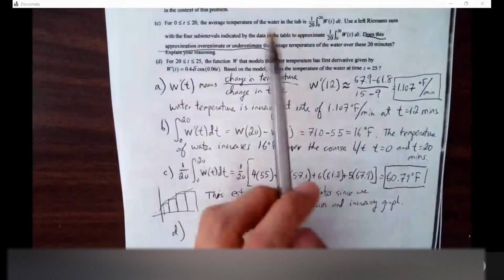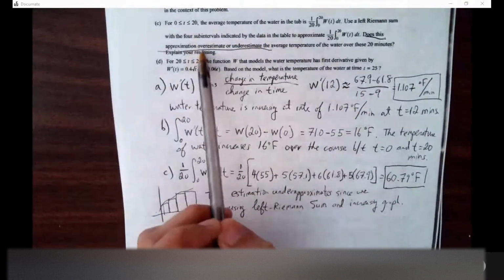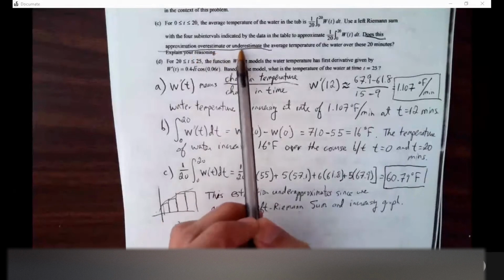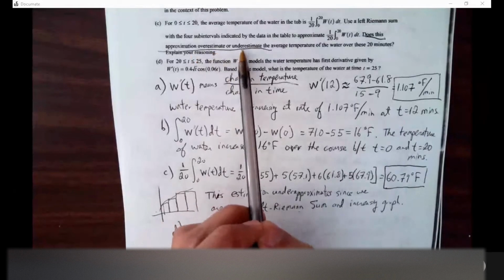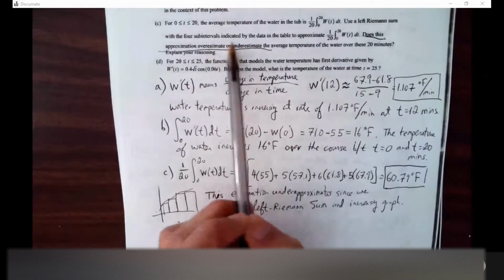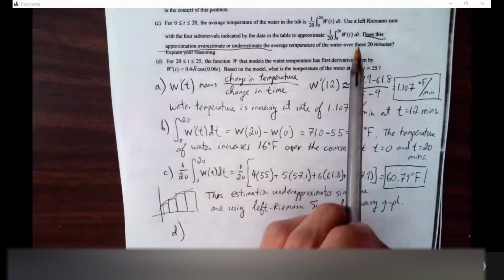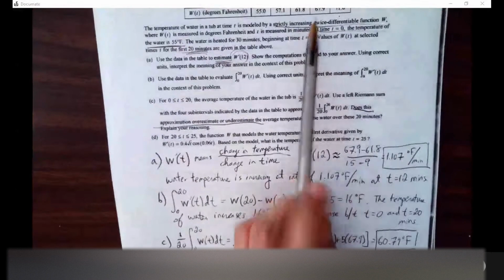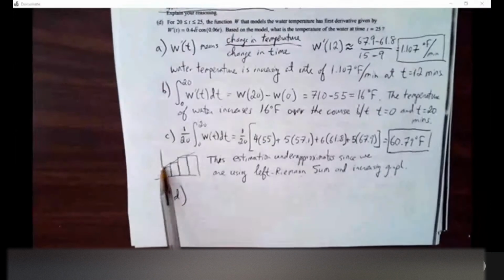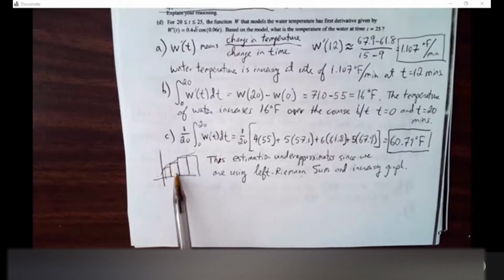It's asking also, is this approximation going to overestimate or underestimate the average temperature? So the way that we can tell is, let's sketch out the graph, right? We know that this curve is always increasing. So imagine a graph that's always increasing. But the way that you draw your rectangles is that you're always attaching the left endpoint of every rectangle to the graph.